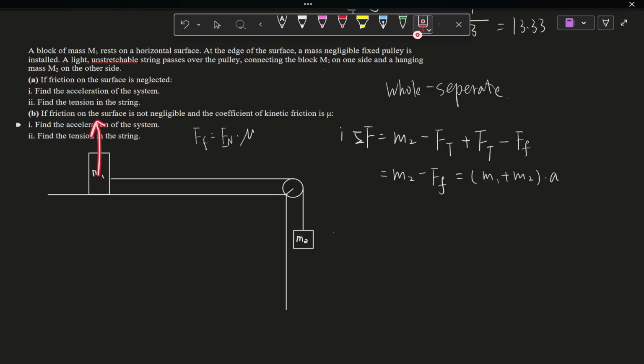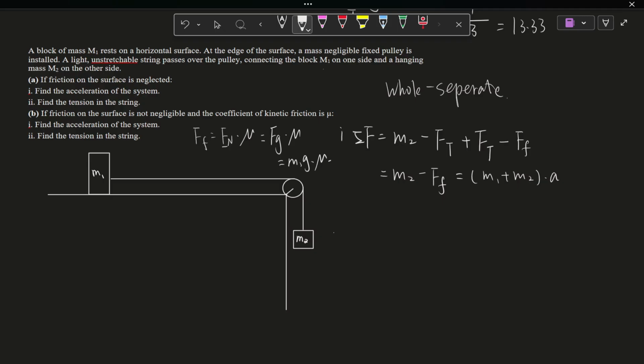The net force vertically is equal to 0, there's only gravitational force and normal force acting on it, so these two are equal. So Fn times mu can be written as Fg times mu, which is equal to m1g times mu.